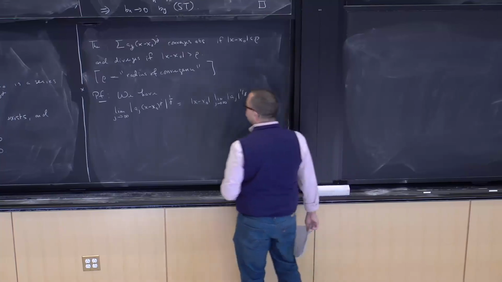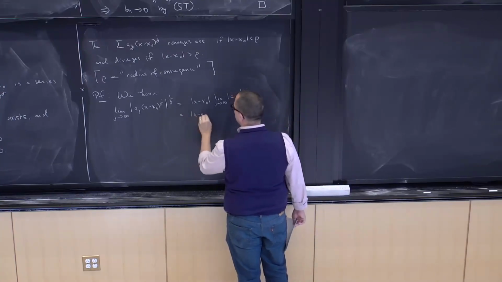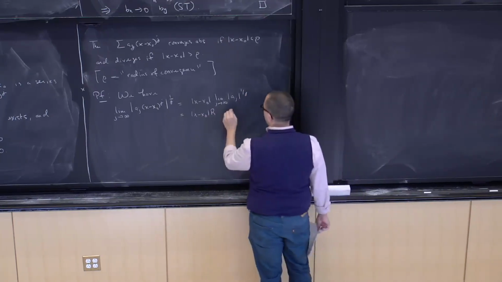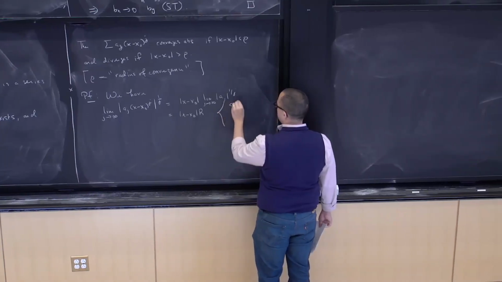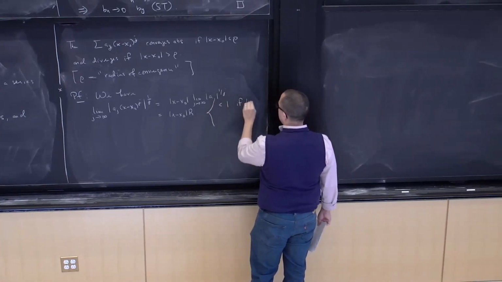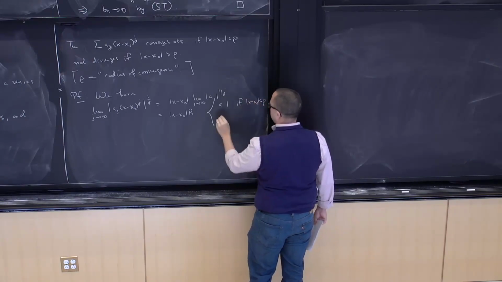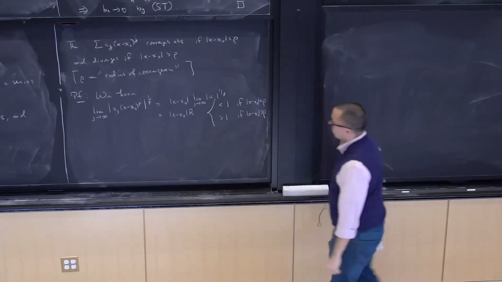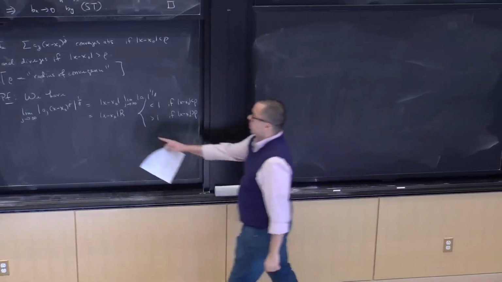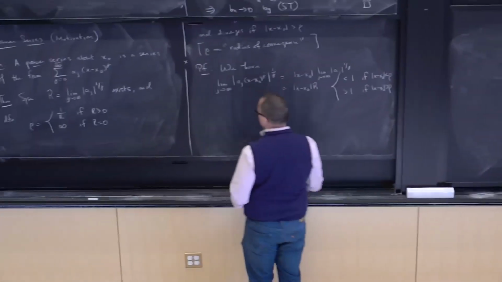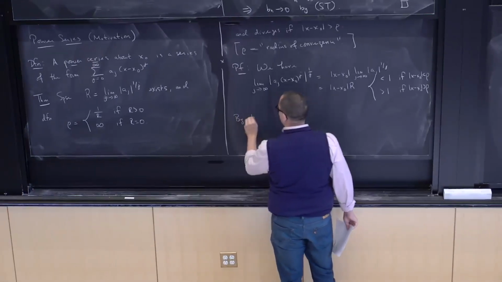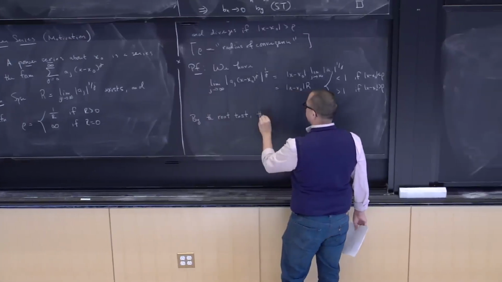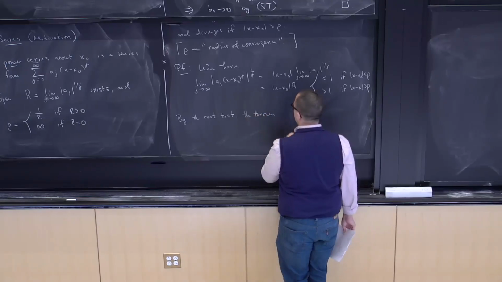And this limit exists, so this equals the absolute value of x minus x naught times r. Okay? And we have two things happening. This is less than 1 if x minus x naught is less than rho, bigger than 1 if x minus x naught is bigger than rho. Therefore, by the root test, the theorem holds.